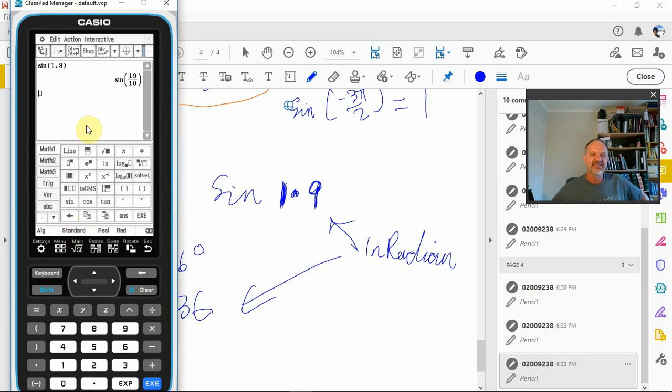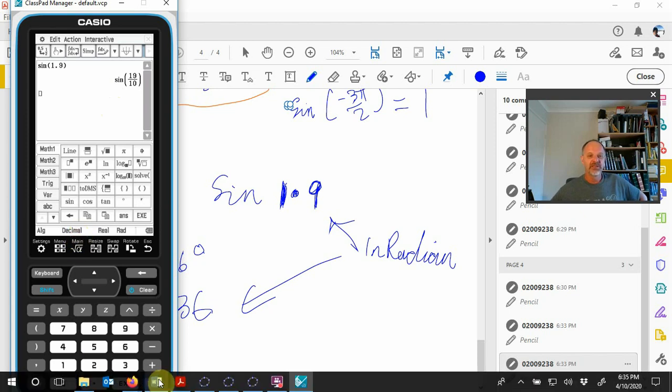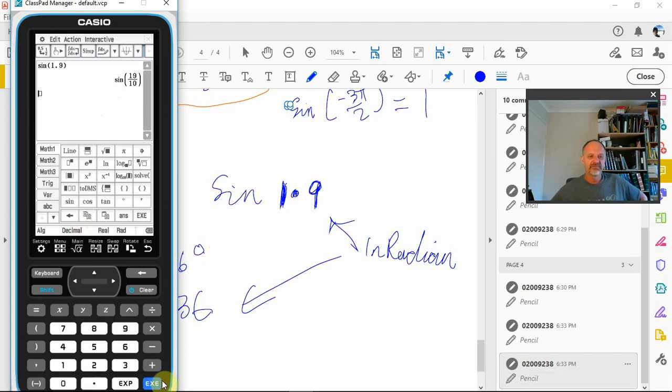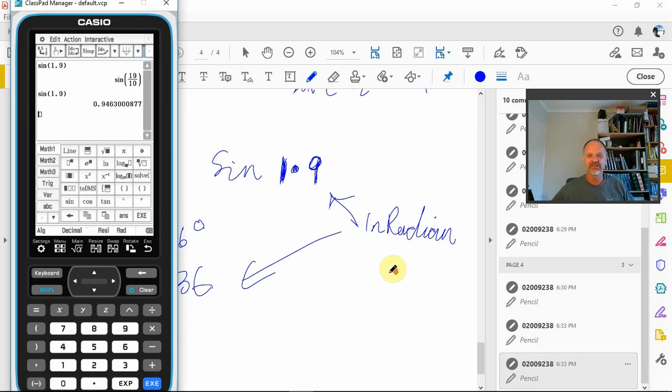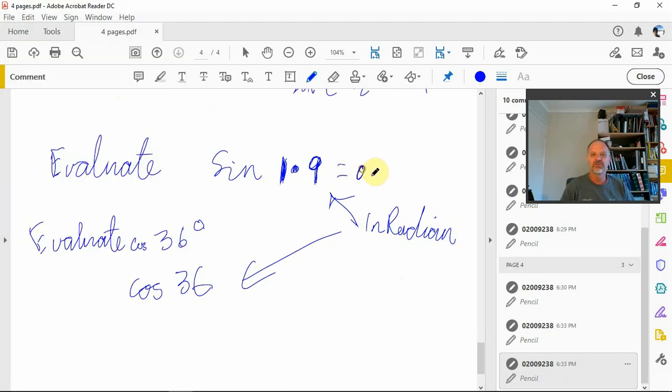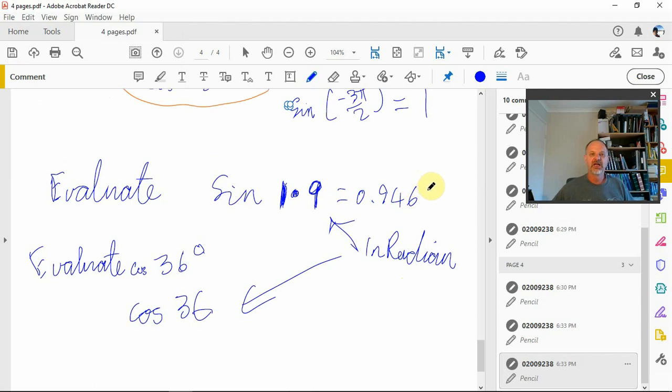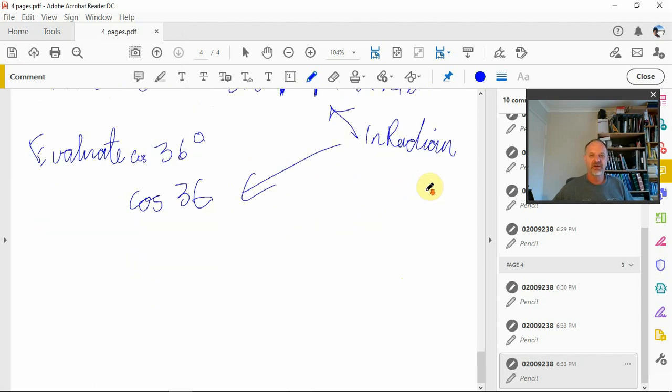Because I've got it in standard, it doesn't give me the number, it just rewrites it. So I need to put it in decimal. EXE, there it is, 0.946. I'll write that down here, equals 0.946 to 3 decimal places. So there we are. There's how we'd use our calculator.